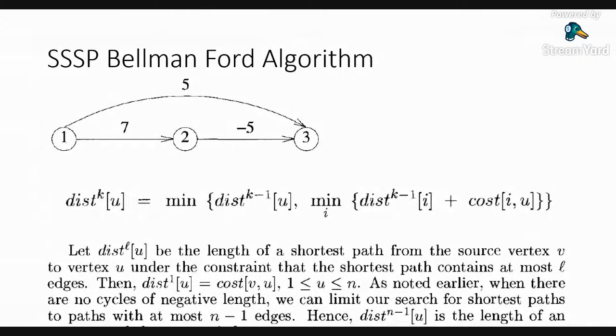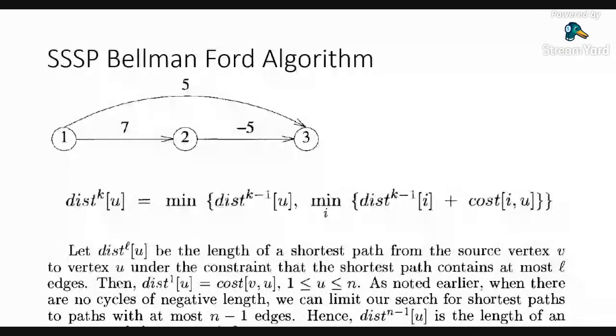But if you apply the Dijkstra algorithm on this graph, you might get incorrect results. This is because negative edges are present in the graph, and this was the main bottleneck of the Dijkstra algorithm: it is unable to handle negative length edges.